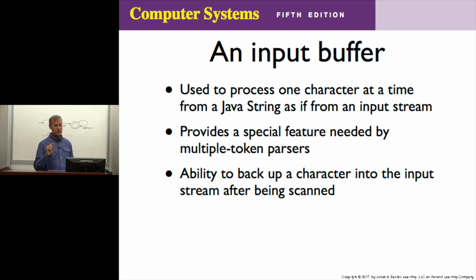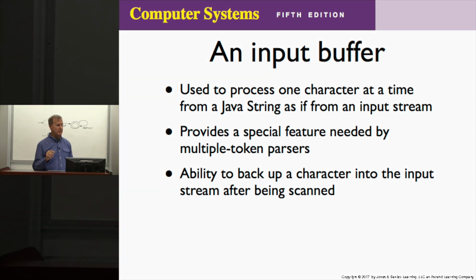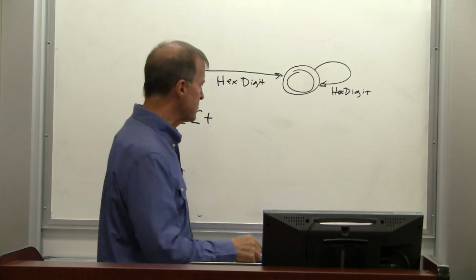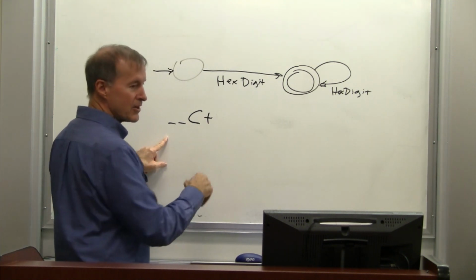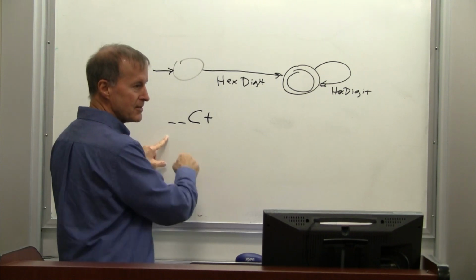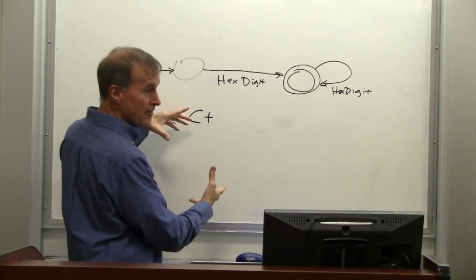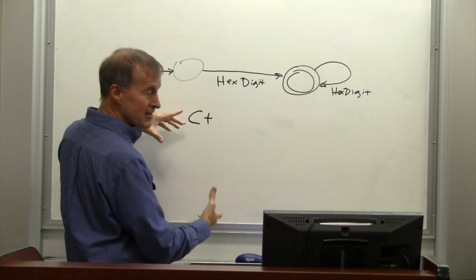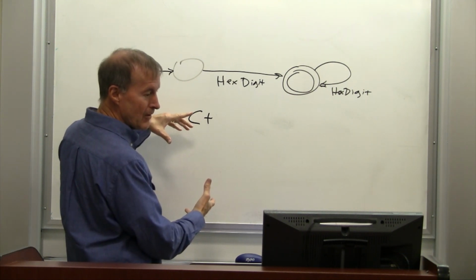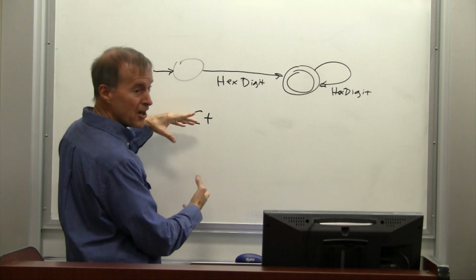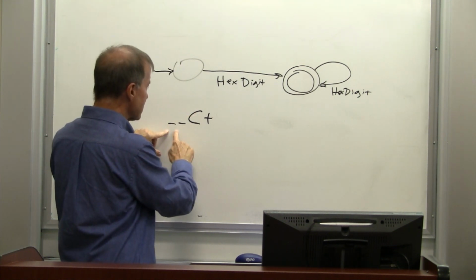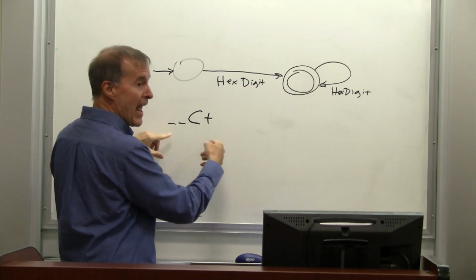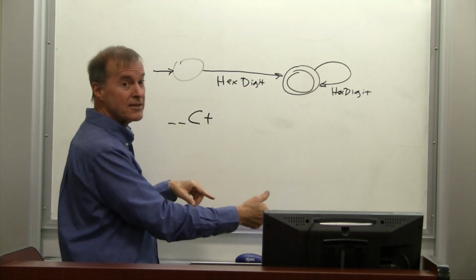Okay, so what does it do? It's used to process one character at a time from a Java stream as if it is from an input stream. You know how with these finite state machines we conceptualize the cursor going boom, boom, boom, boom. This input buffer is going to take the whole string from the dialog box, break it up into lines, and scan one character at a time, and it's got to have the ability to do what?